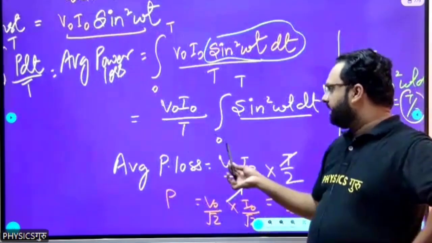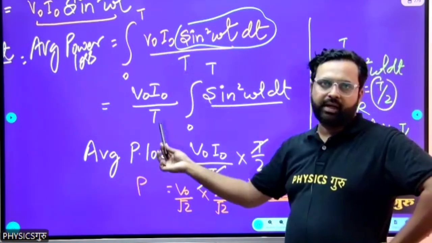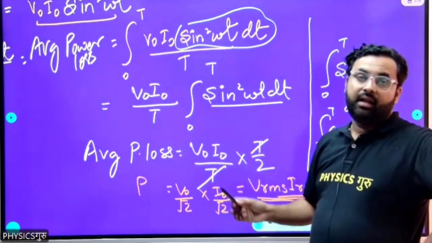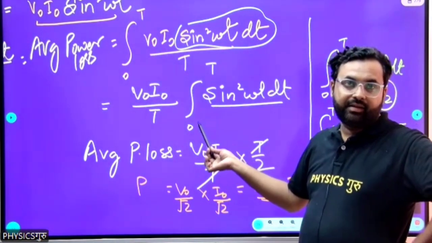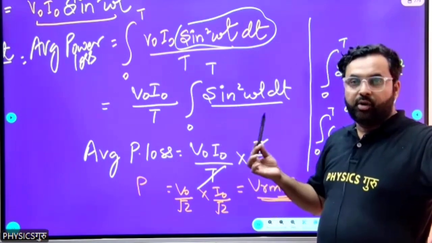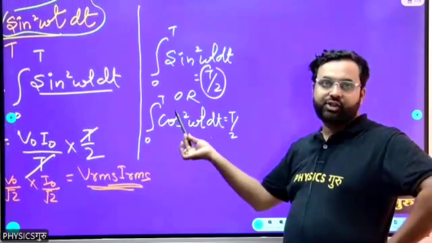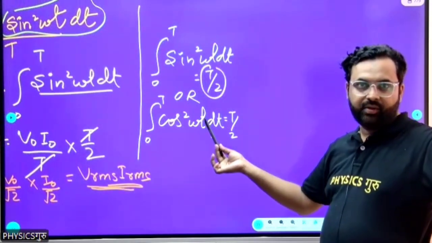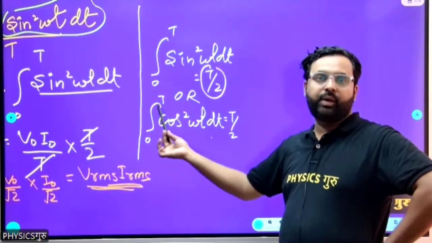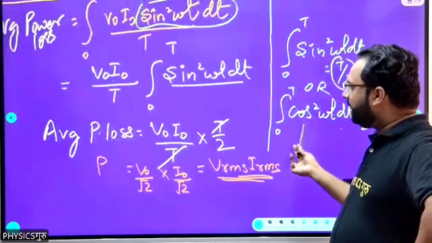Now in integration, we need to take V naught I naught by T as a constant outside, and integrate sine square omega t dt from 0 to T. The property of definite integration says that the integration of sine square omega t dt is T by 2, or the integration from 0 to T of cos square omega t is T by 2. So we substitute this value here.